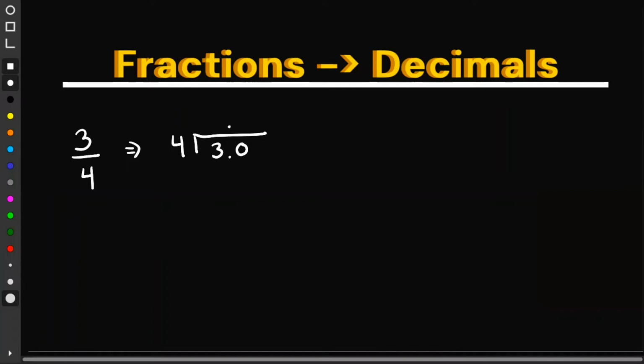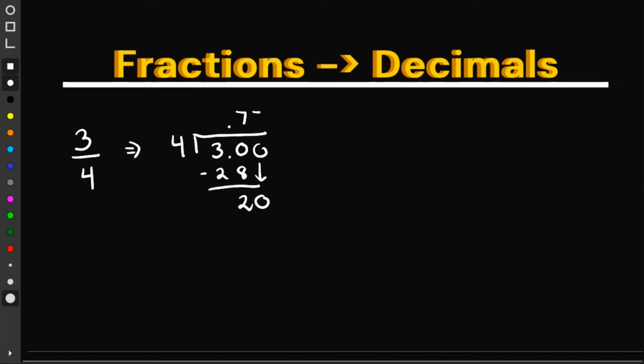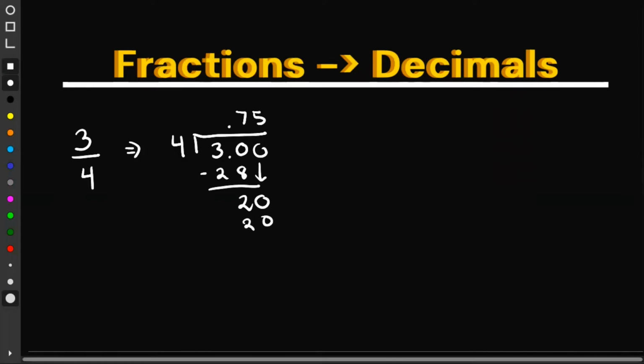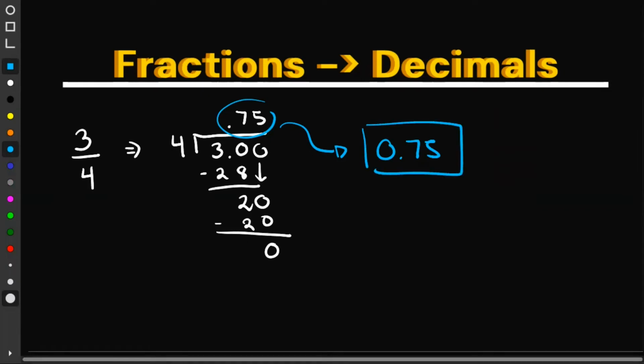So this would be 7, with a remainder of 2. Add another 0, bring that down. So we know now that this one is 5. So we have 20 minus 20 would give us 0. So this one now is the decimal form of 3 over 4, 0.75. As simple as that.